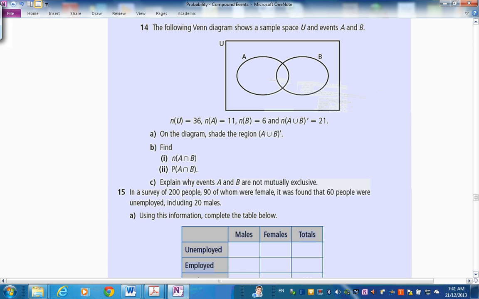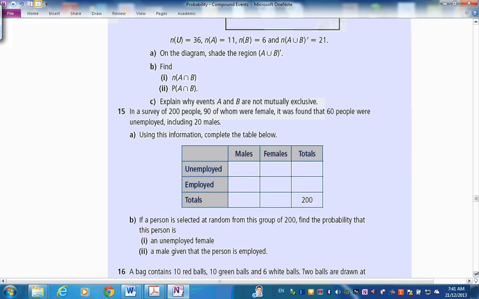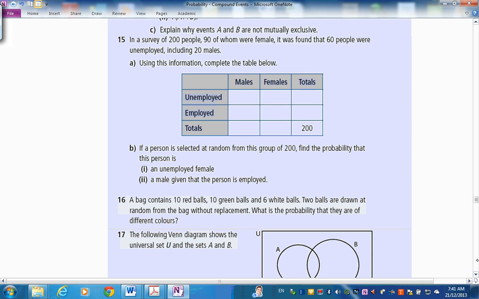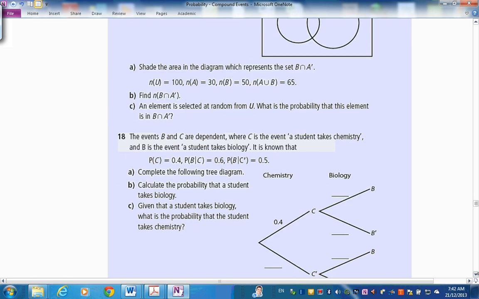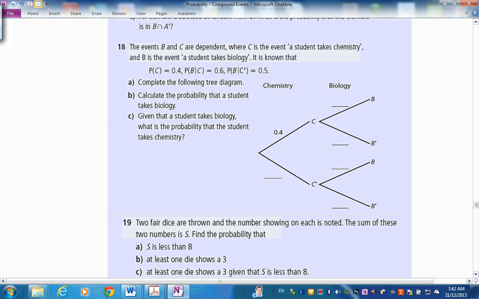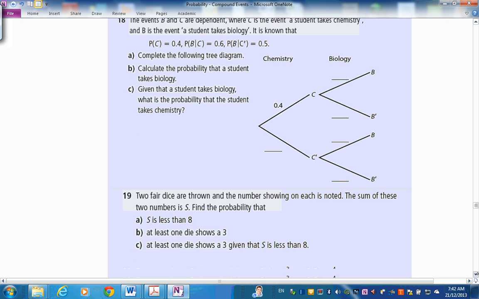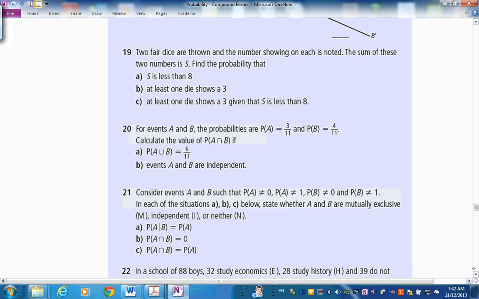14. 15 and 16. There's 17. 18. There's 19, 20 and 21.